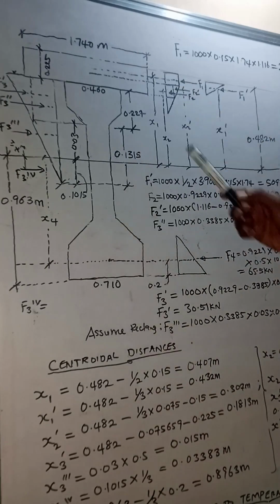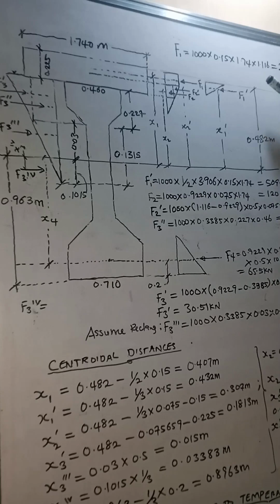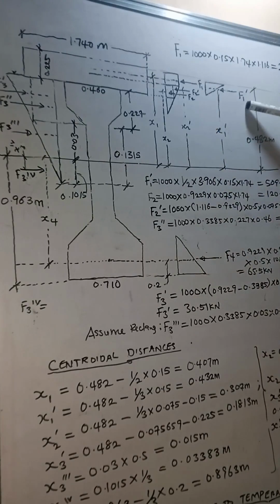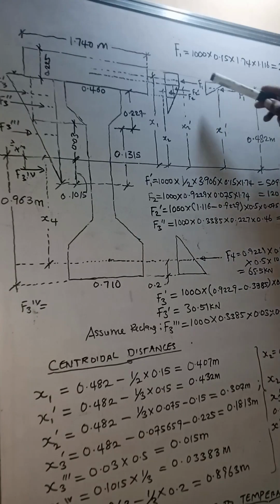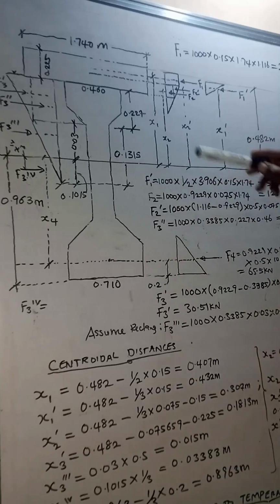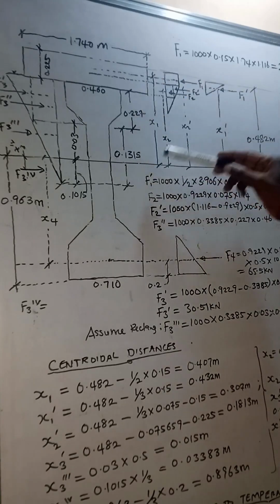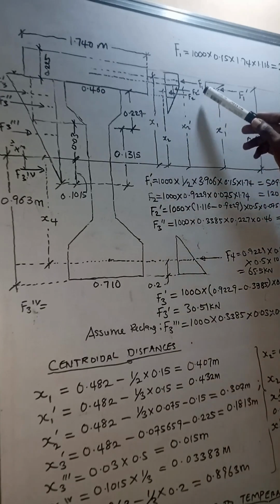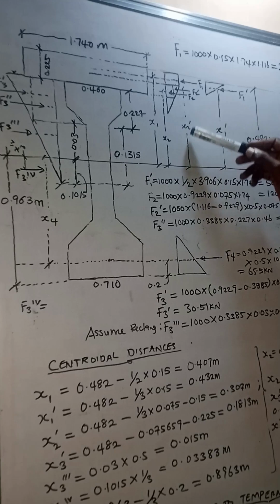Now we have the centroidal distance of F1 prime, I call it X1 prime. That of F1, we'll call it X1, which is this. That of F2, we'll call it X2. That of F2 prime, we'll call it X2 prime.